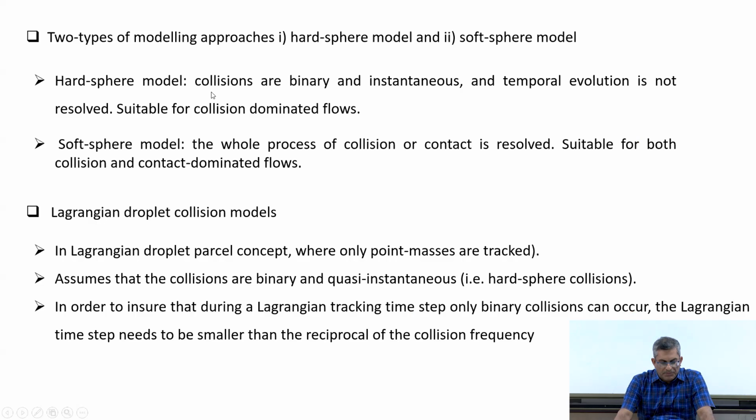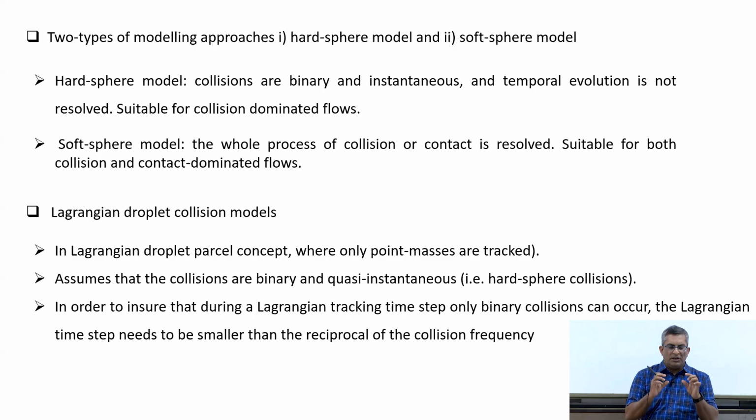In case of hard sphere model, the collisions are binary and instantaneous, and temporal evolution is not resolved, which is suitable for collision dominated flows. What is meant by this is that you need to know only the outcome of the collision. If two particles collide, what is the outcome? Let us say the outcome is coalescence.